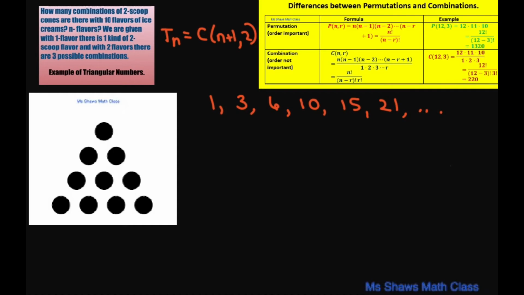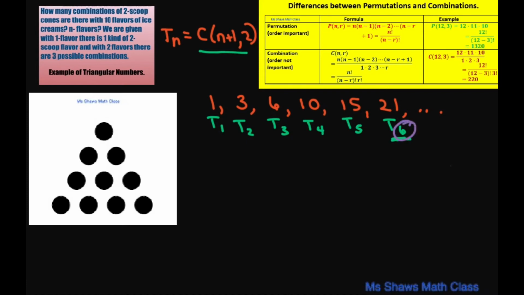All right, let's look at our formula. This would be T sub 2, T sub 3, T sub 4, T sub 5, T sub 6. Let's look at this one, because it's easier to see the bigger numbers.